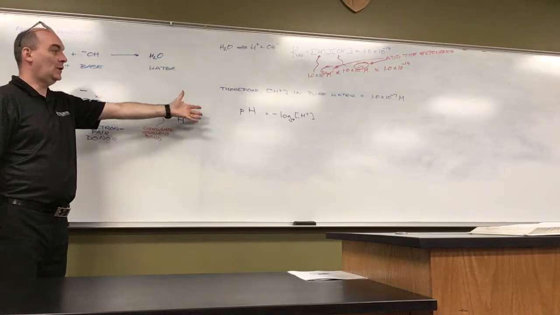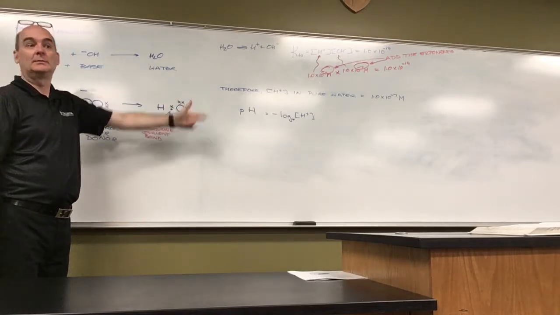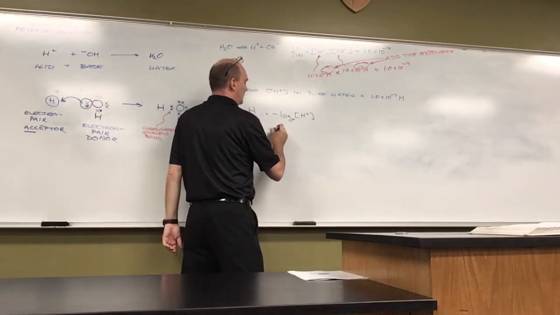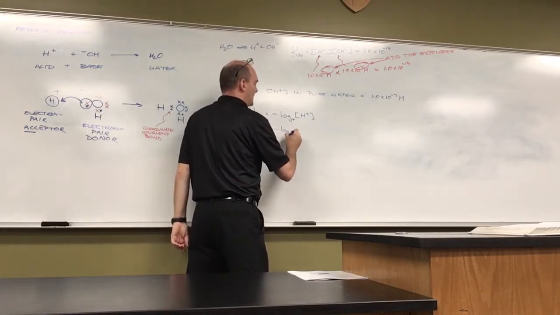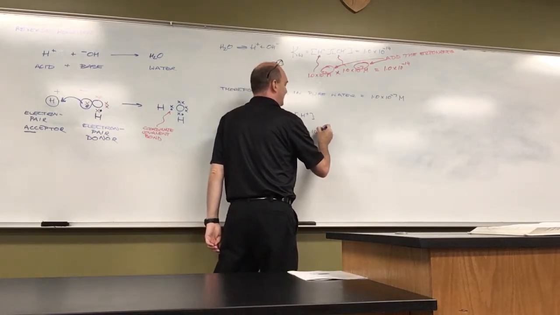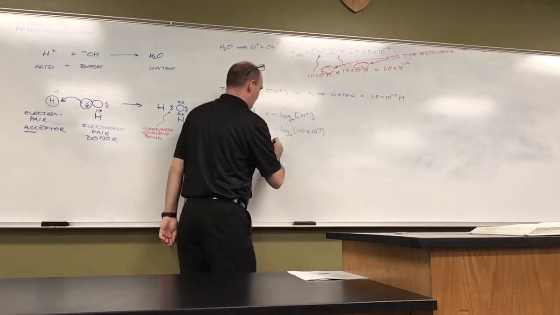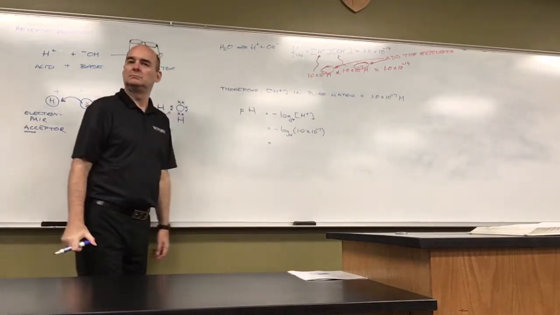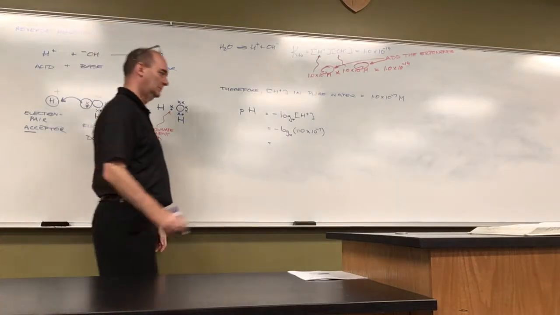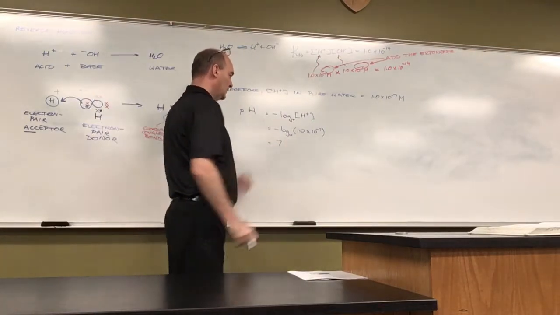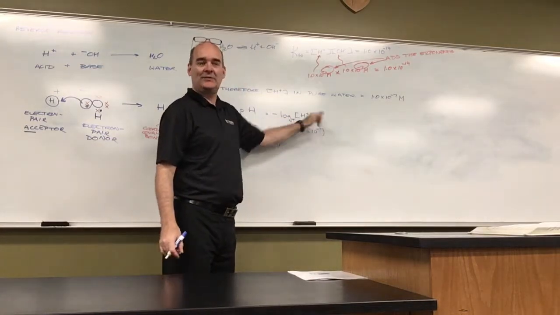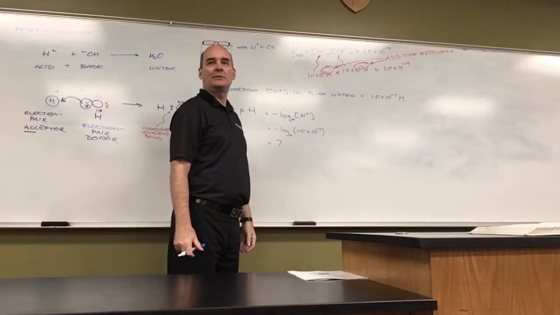So this gives me a quantity for my acid. If that is the negative log to the base 10 of 1.0 times 10 to the negative 7, use your calculator. The log of 1 times 10 to the negative 7 is negative 7.